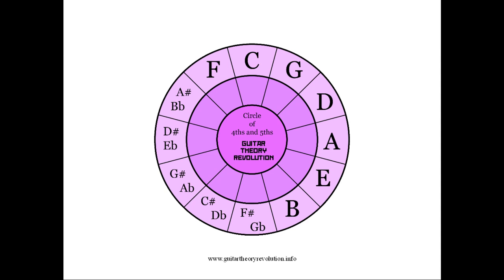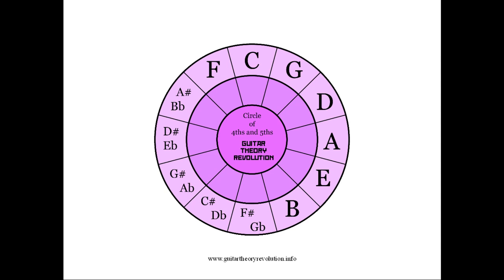The next best sounding or next best most consonant interval is the perfect fifth. And the perfect fifth is also basically the DNA of Western music. It's really important, and it gives us an insight into how Western music works.